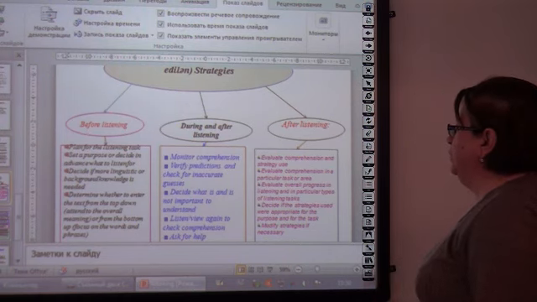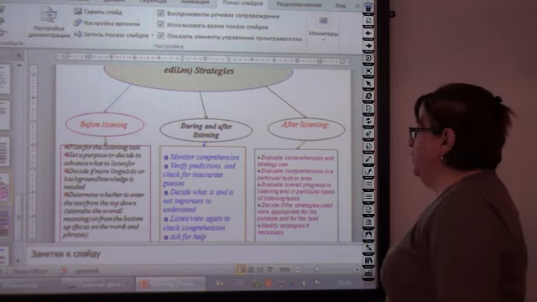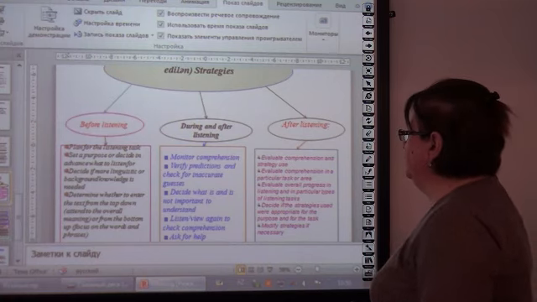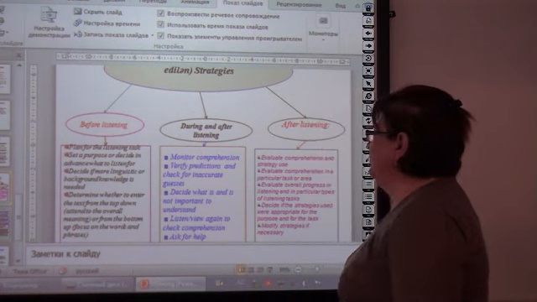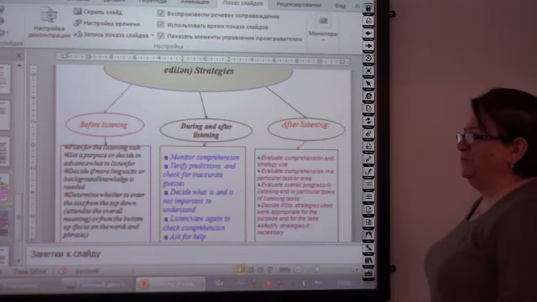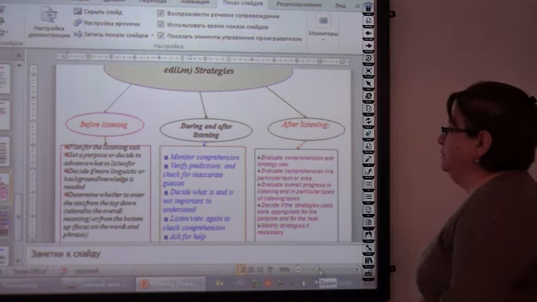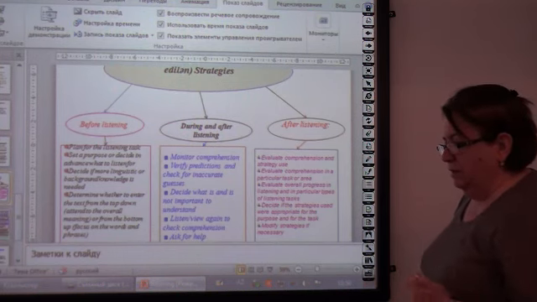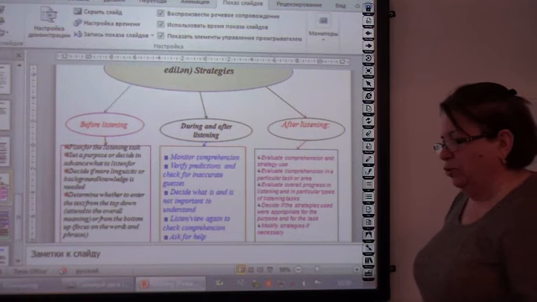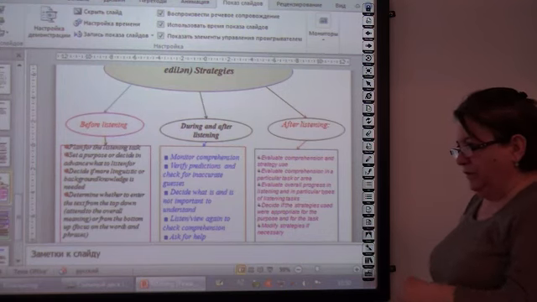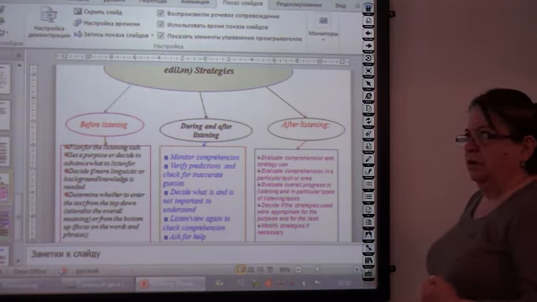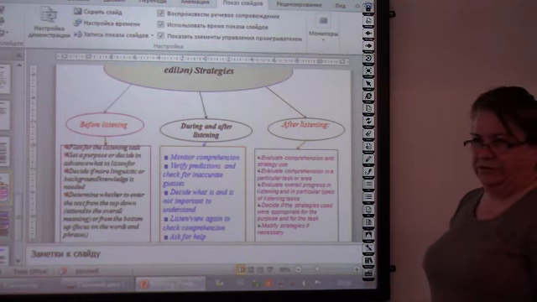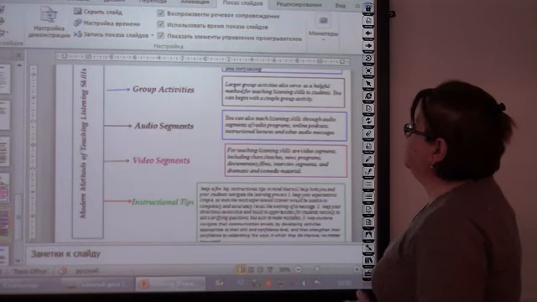Set a purpose or decide what to listen for. Okay. By the way, I would like to say that when we plan listening, we should know why we do this, for what purpose we do it, and what we want as a result of this listening.